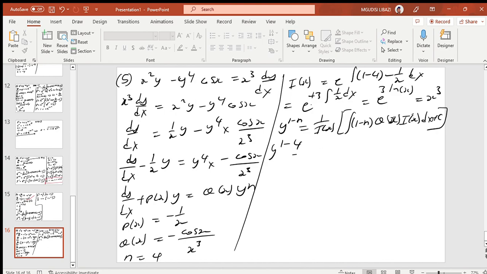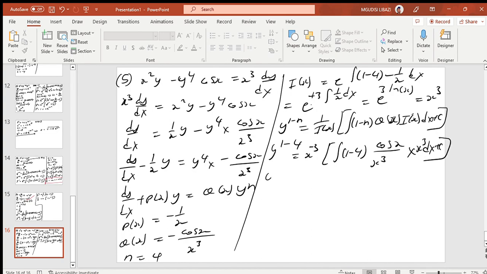We said is 4, which is 1 over x, which is the same as x to the negative 3, into the integral of 1 minus 4 multiplied by q of x, which is cosine of x over x raised to 3, multiplied by the integrating factor, which is x raised to 3, dx plus c.